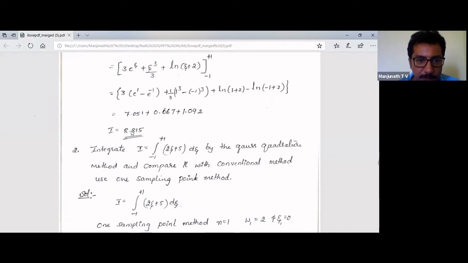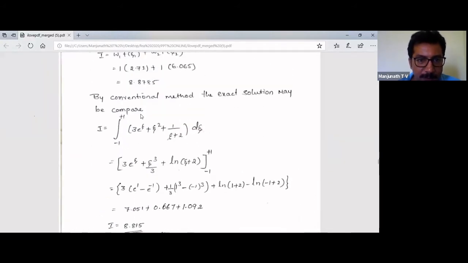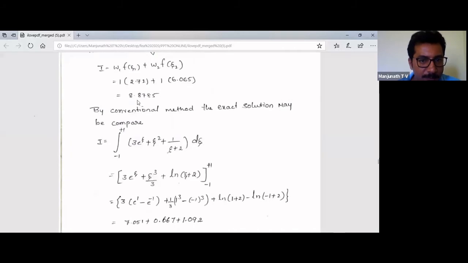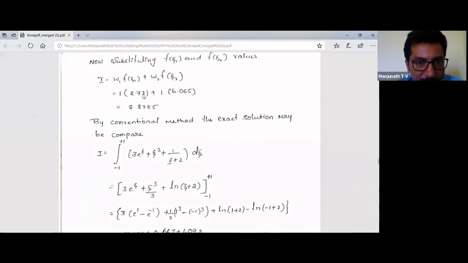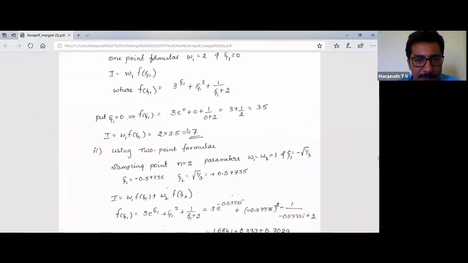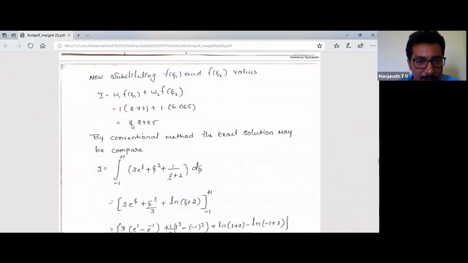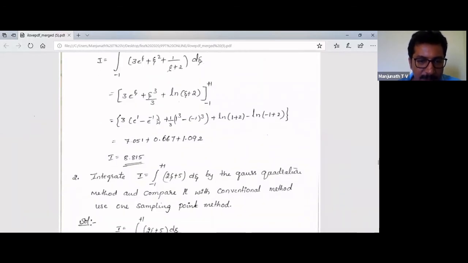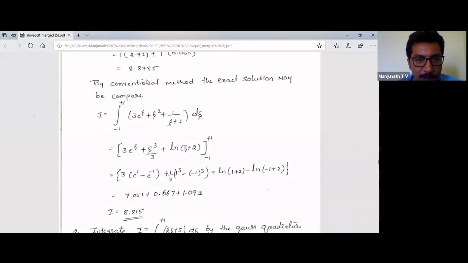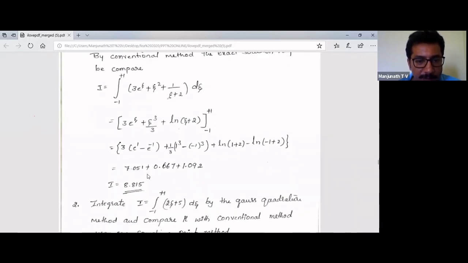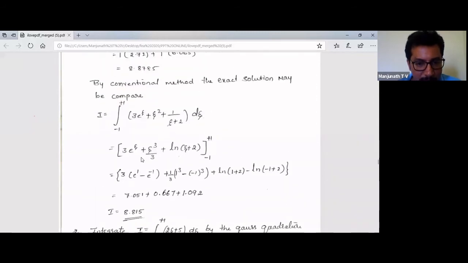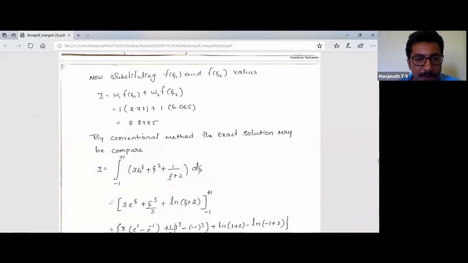Just see here, from the 1 sampling point we have got the value of I as 7, and from the 2 sampling points we have got 8.8785. By using the conventional method, we have got 8.8, so the 2 sampling points give a value very close to the exact solution of the given integral.